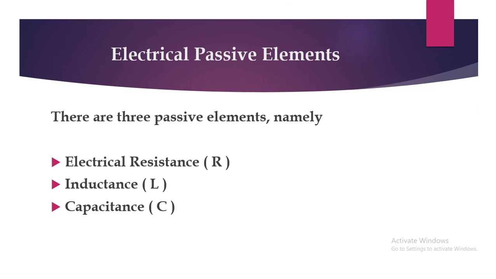Passive elements are those which cannot generate the supply, and these elements use the supply generated by the active elements in the circuit. There are basically three passive elements, namely electrical resistance, inductance and capacitance. We'll see these three one by one.